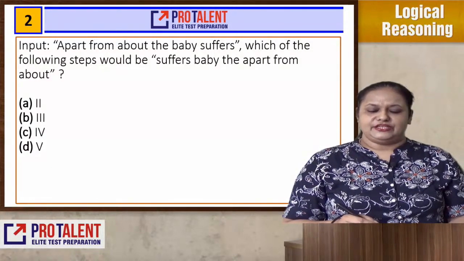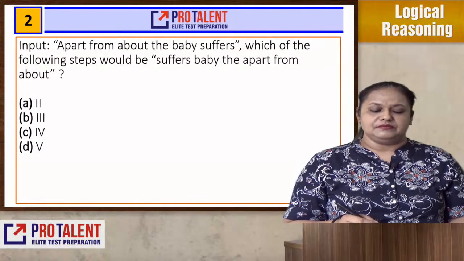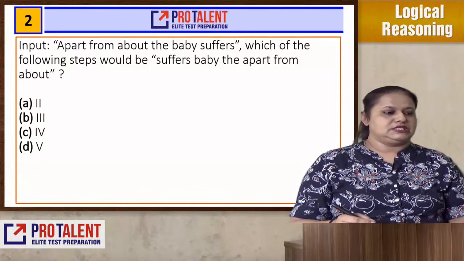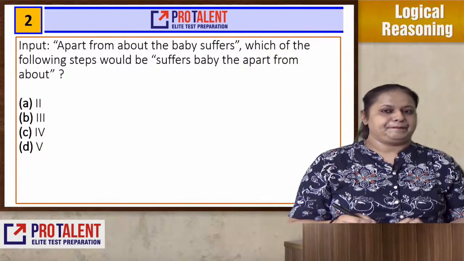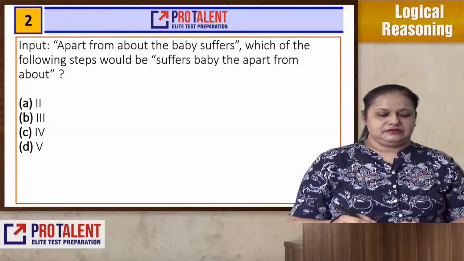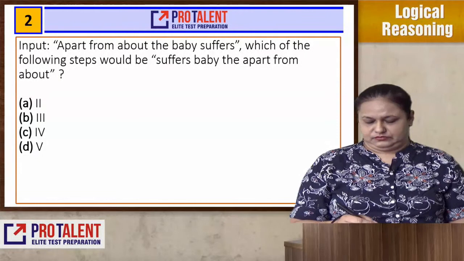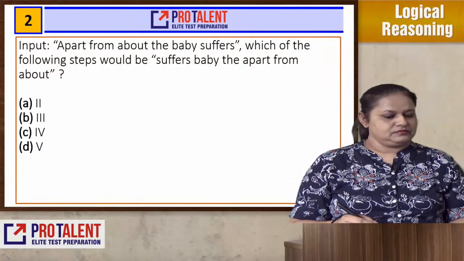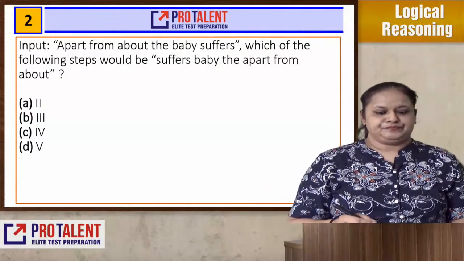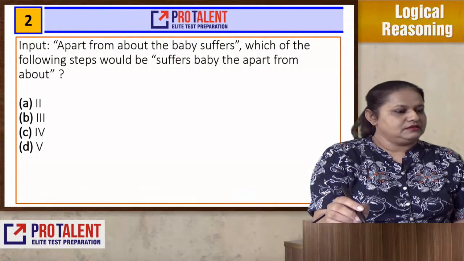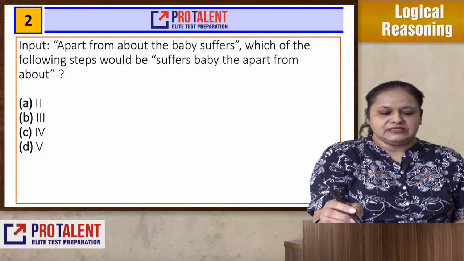Apart from this, right, which of the following steps would be the suffer baby apart from about? Okay. So we can see that the people are ready with the answer.